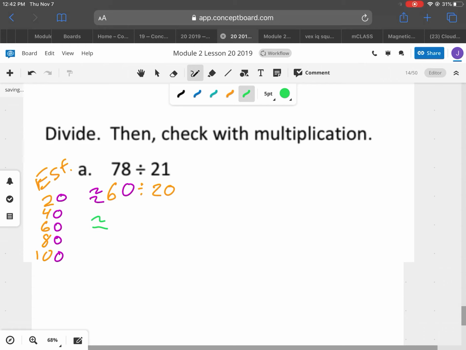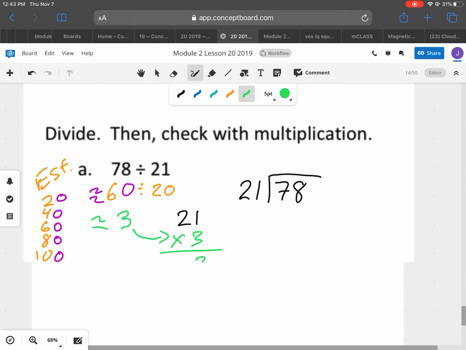All right. So once we do our division, we have the 3. So now, I'm going to set up our problem. The 78's on the inside. It's our dividend. Then we have the 21 as a divisor on the outside. And we're going to take the 21 and our estimation, and we're going to see how much we get.